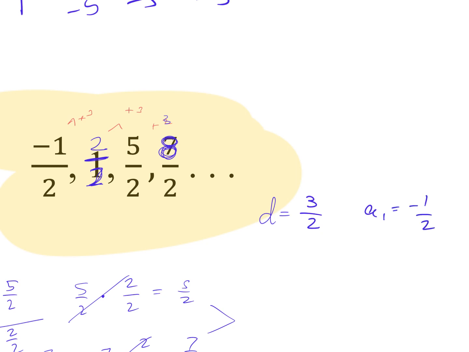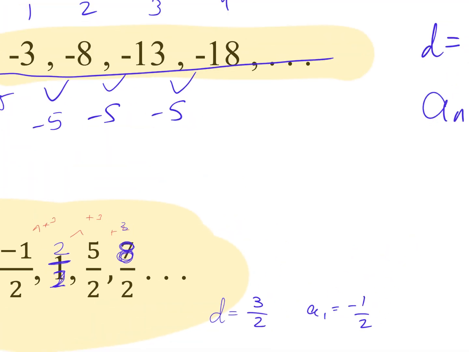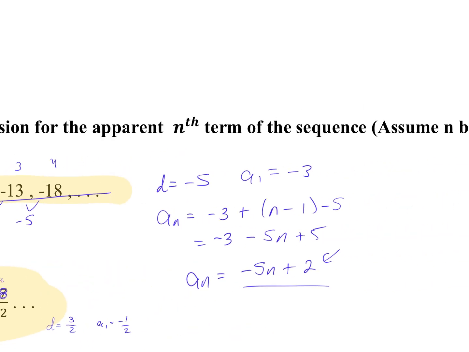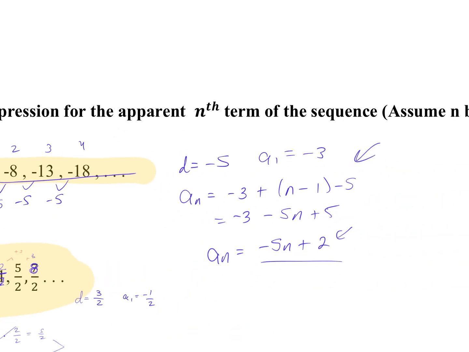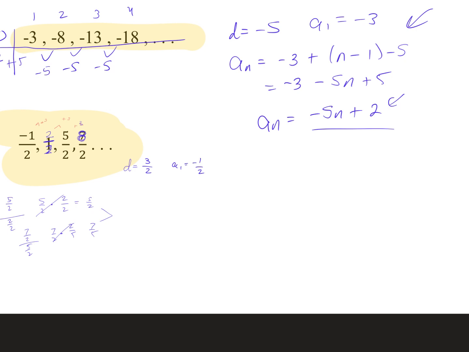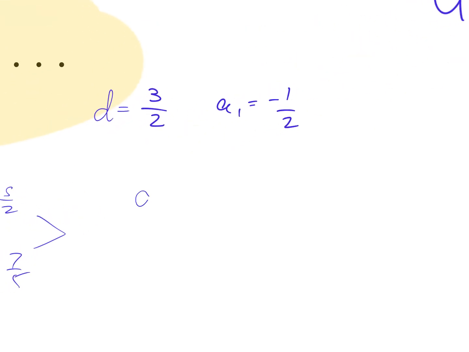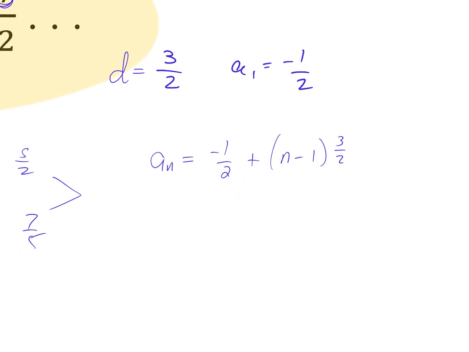A lot of times, guys, with fractions, it's easier to use this given formula that you first learned rather than finding the zero term, just because you don't like to work with fractions. But if you were to plug this in, a sub n equals my first term, negative 1/2, plus n minus 1 times 3/2.